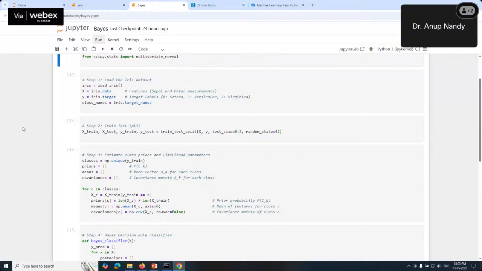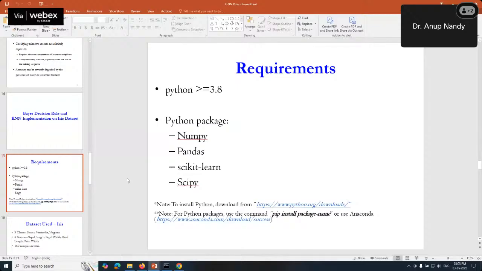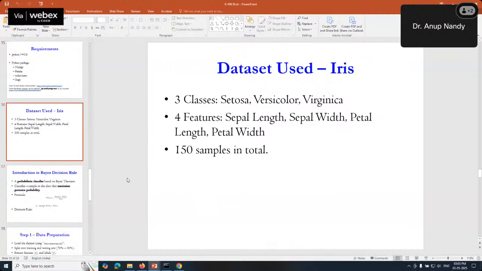Now you see in this first step, I am not going to run it now because I already ran it. I have just written step one because of the PPT which I have already shared with you, where you can check how these things can be implemented. If you just see, there are three classes: Setosa, Versicolor, and Virginica.